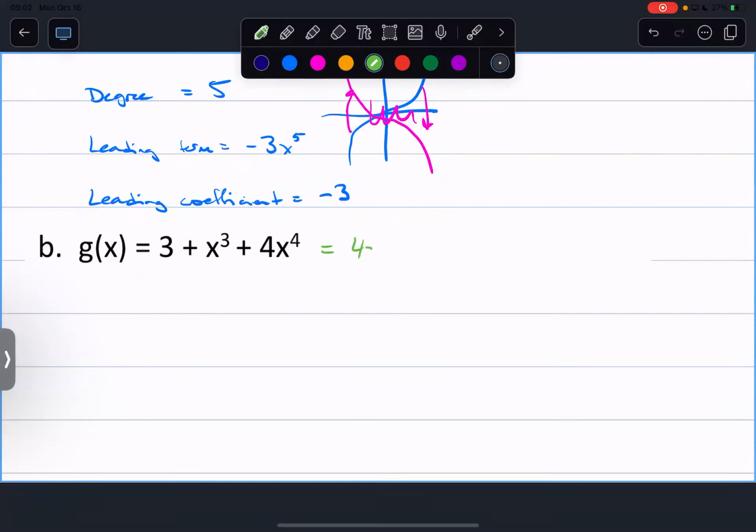Here we've got 4x to the 4. Rewriting it in descending order: x to the 3, so plus x to the 3 plus 0x squared plus 0x to the 1. Usually we don't write the 1, but it's nice to visualize it. And then plus 3x to the 0.